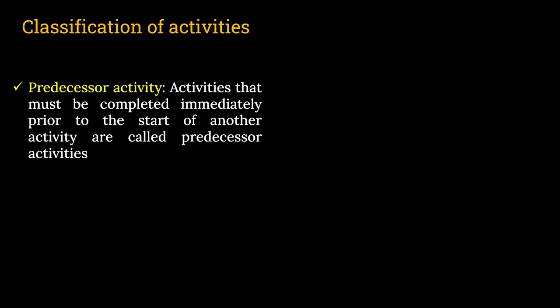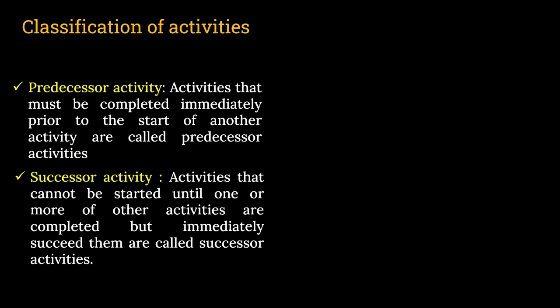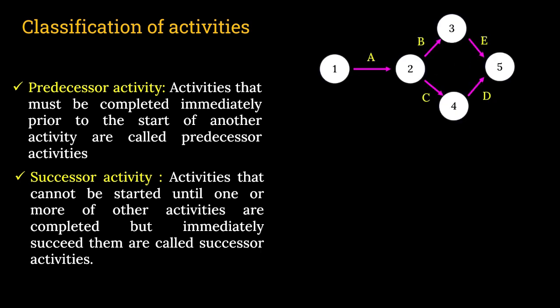So what we say here is, activities that must be completed immediately prior to the start of the next activity are called predecessor activities. Clear? Successor activity. What is that? Very simple also. Activities that cannot be started until one or more other activities are completed, but immediately succeed them, are called successor activities. Let us see this example first.